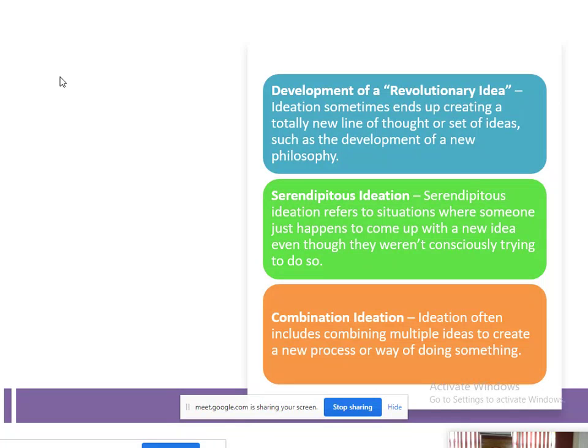So ideation often includes combining multiple ideas to create a new process or way of doing something. Okay. So your brain should be open to everything. You should be able to combine multiple ideas. Okay. So combining multiple ideas can give you a new innovative product. Next.